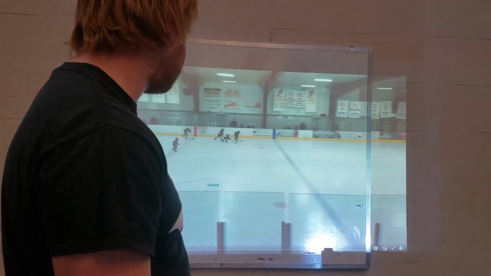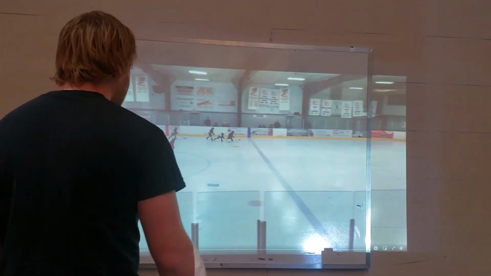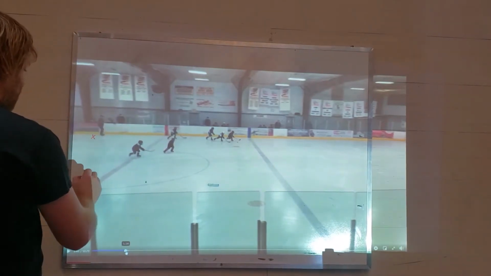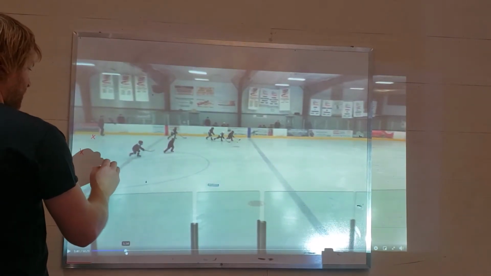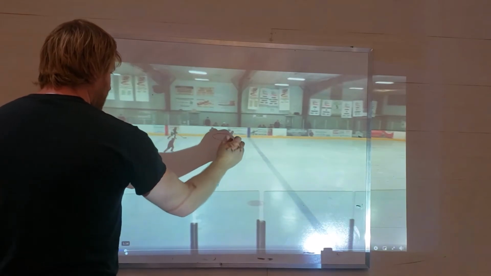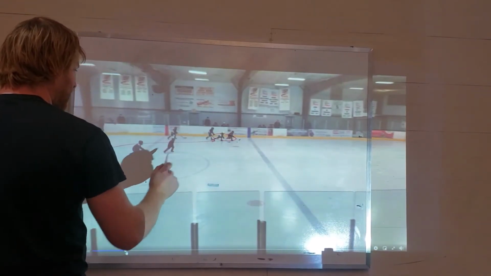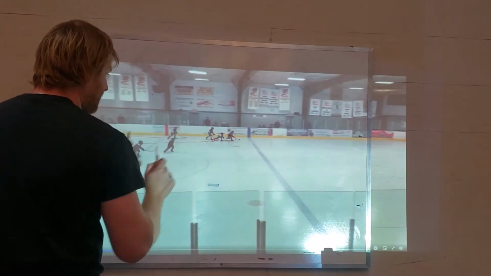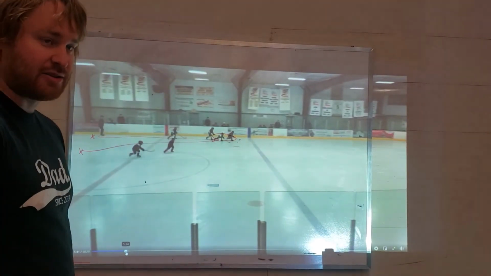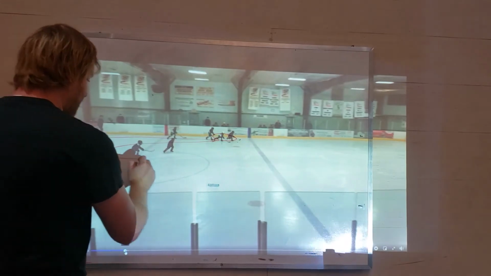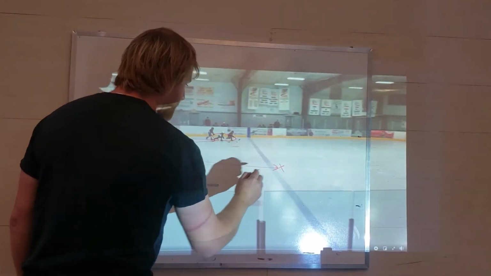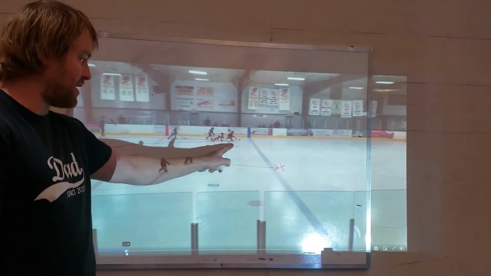Okay, Max, you chase him. Look, now look. Okay, because he was here and you were here, and you both ended up here, you had to skate farther to get there than he did to skate there. So you gave yourself a disadvantage, right? Whereas if you had skated here, you would have been about there when he was there, way ahead of him.